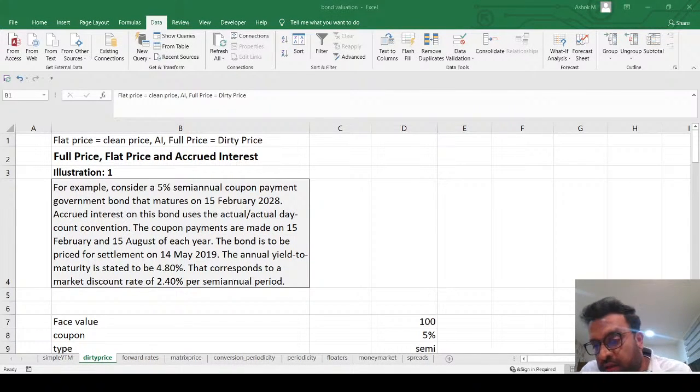For better investor information flow and all that, we don't include accrued interest in the normal trading prices. Accrued interest is always invoiced separately. Okay, which is why we need to calculate accrued interest.